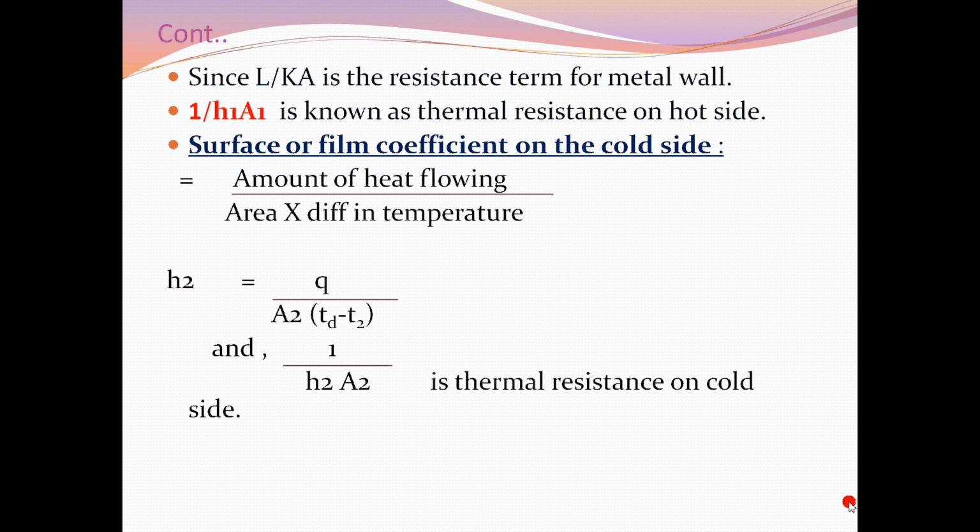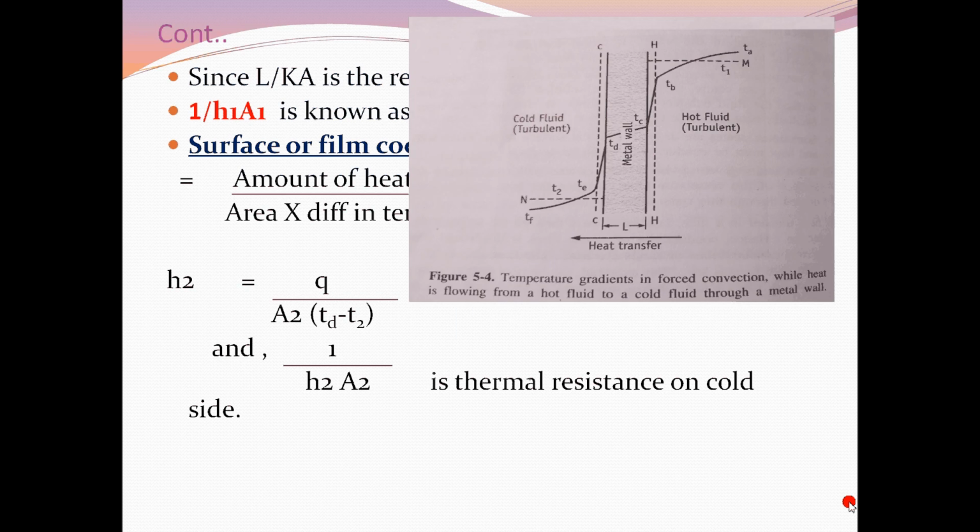So H2 for the cold fluid side is equal to Q divided by A2 into (TD minus T2), the difference in temperature. In this diagram, TD minus T2 is the temperature drop in the cold fluid side, and 1 upon H2 into A2 is the thermal resistance on the cold side, just like the hot fluid side.